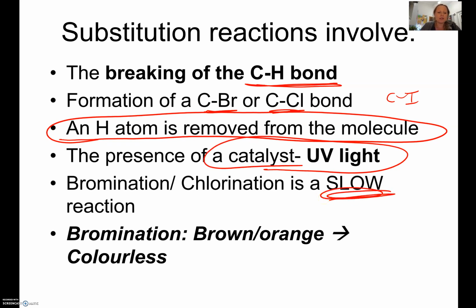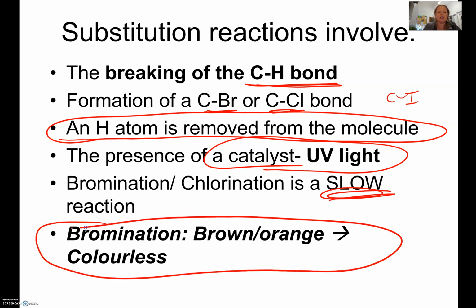Now, there's one thing that's quite useful, and that's the fact that one of these reactions involves a colour change. When we add bromine, we add it in the form of bromine water, which is just Br2 dissolved in some water. Br2 is an orange compound, and when it forms just a singular Br atom on a molecule, it is actually colourless.